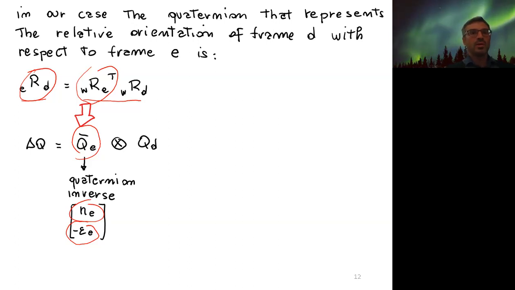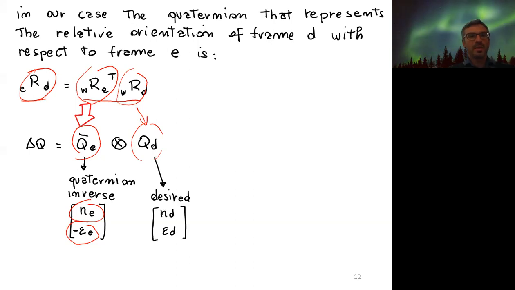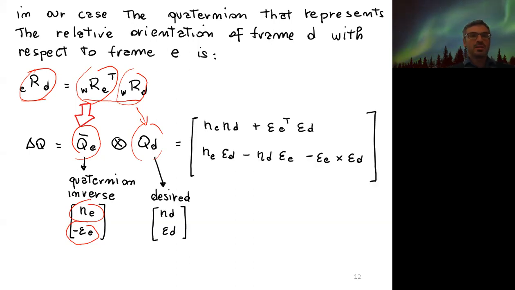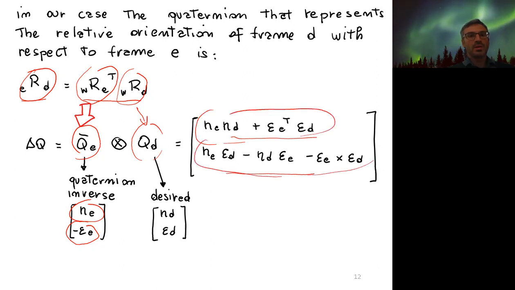Then we do a composition with the quaternion D, which is related to the orientation of the frame D. This has this expression, and if we apply the previous formula of quaternion multiplication, we get the following expression, where we have the scalar part and the vectorial part.